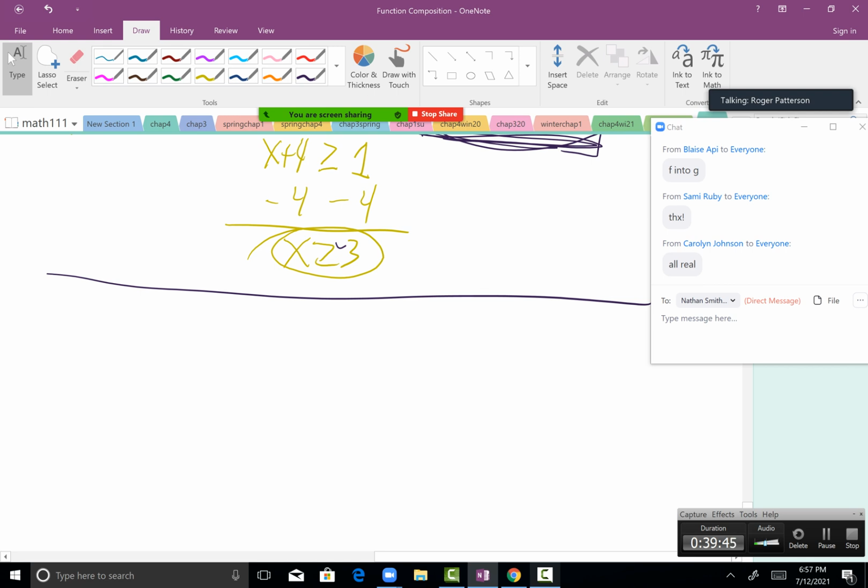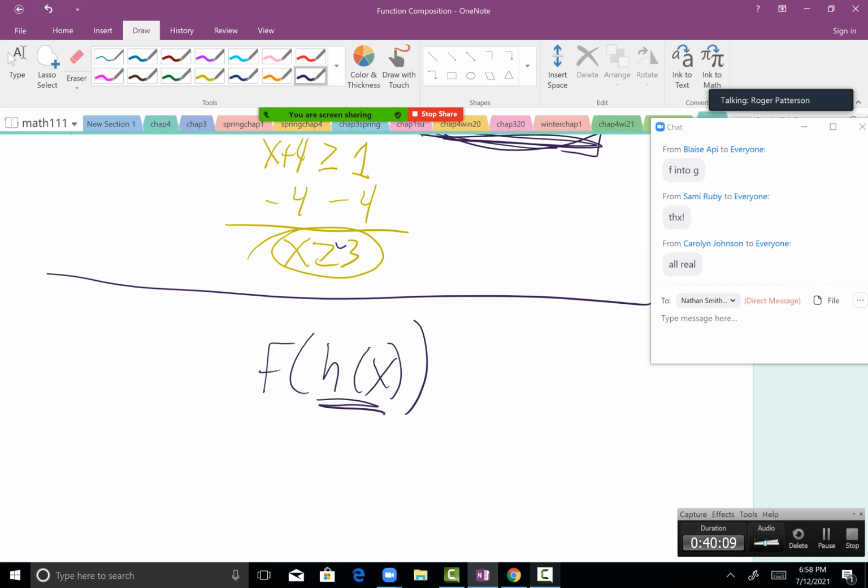I couldn't have any negatives. So that's what we're doing here. It's not just f, it's what's on the inside. If I do something like this, I don't know what h is and I don't know what f is, I need to find the domain of that first. And then if there's no issues, then maybe it's all real numbers.